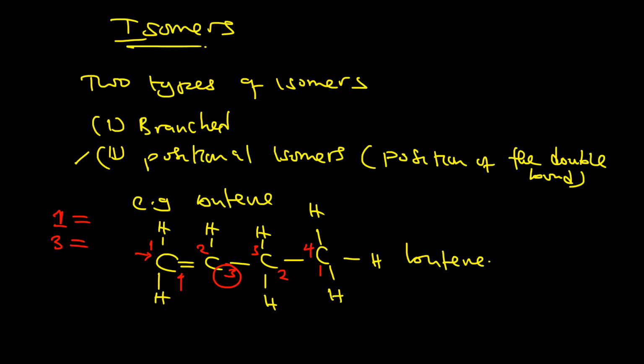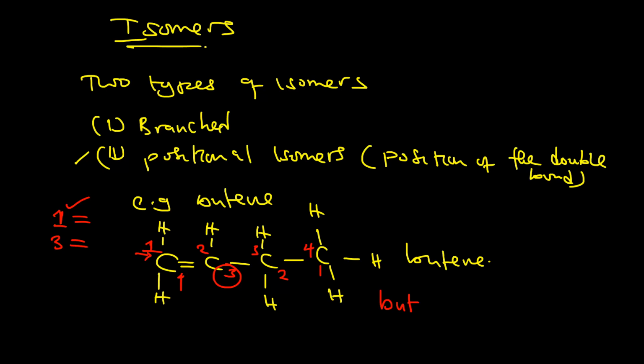Which one is the lower number? We want to give it the lower number, and the lower number here is 1. So we follow the forward counting and put the double bond at carbon 1. Now, how do you write these isomers? This is butene, and the prefix for it is but.